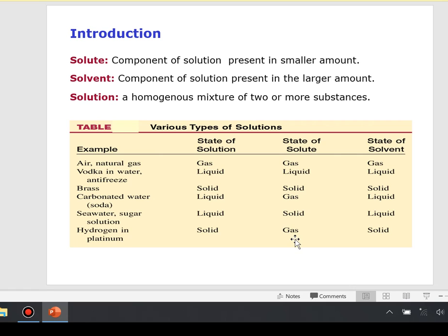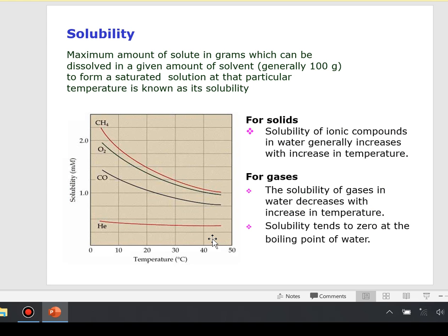Another example is one in which the state of solute is gas and the state of solvent is solid, for example hydrogen gas in platinum, and the state of the solution is solid. These are the different types of solutions.